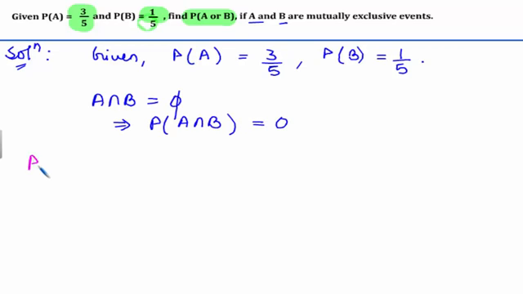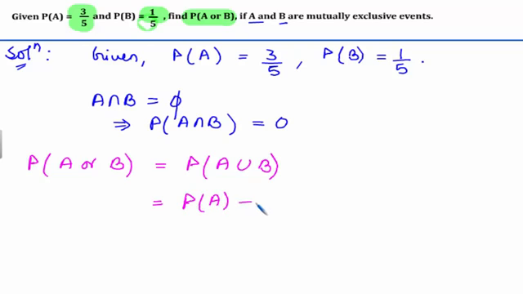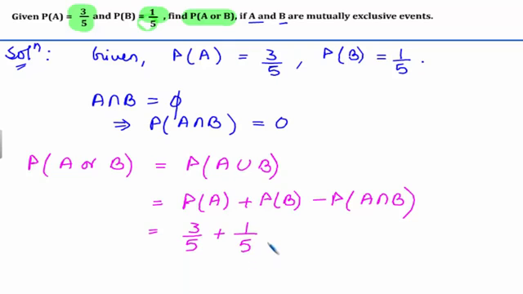Now we have to find probability of A or B, which is also equal to probability of A union B, and its formula is probability of A plus probability of B minus probability of A intersection B. Now probability of A is 3 upon 5 plus probability of B is 1 upon 5 minus probability of A intersection B, which is 0. So this is equal to 4 upon 5.